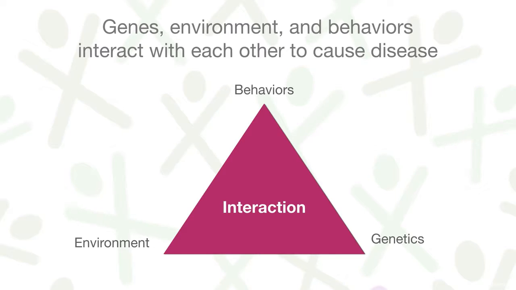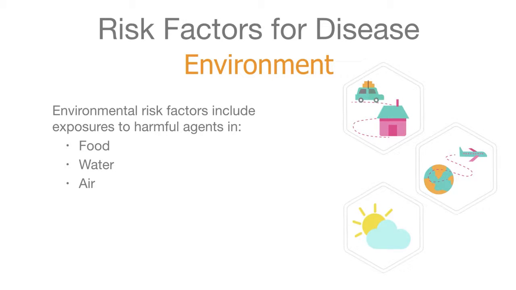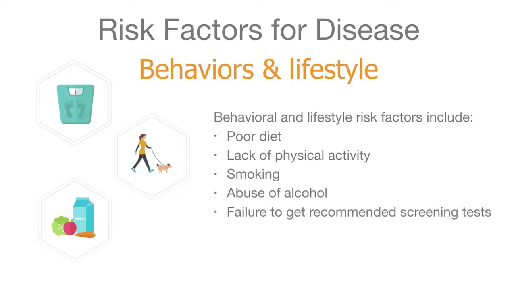These three things interact together, and that interaction triggers diseases. So just remember that genetics is one piece of that puzzle, but environment and behaviors are equally important. The good news is that even if your genes put you at higher risk for a certain disease, you are still in control of your behaviors and your environment.